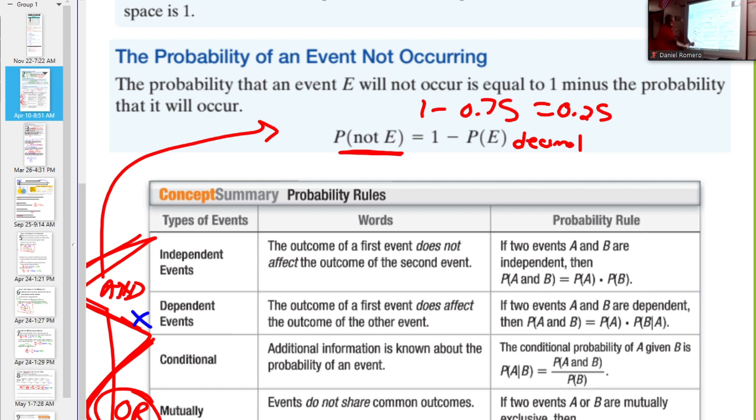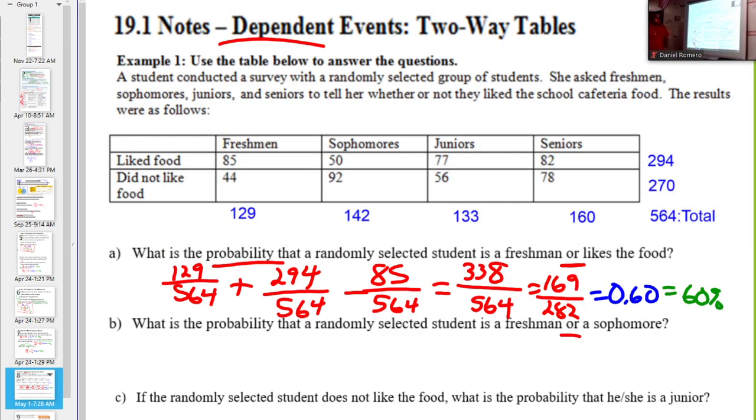When you're calculating OR probability, on the one that we just did, we added. We had to subtract at the end, but we added. And with AND, multiply. That was also dividing. We'll get to those.